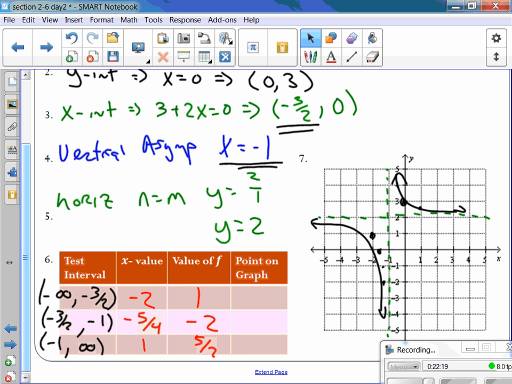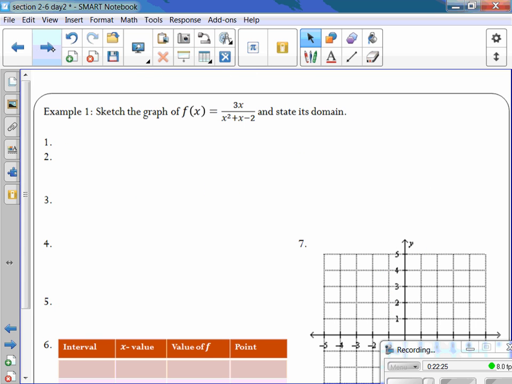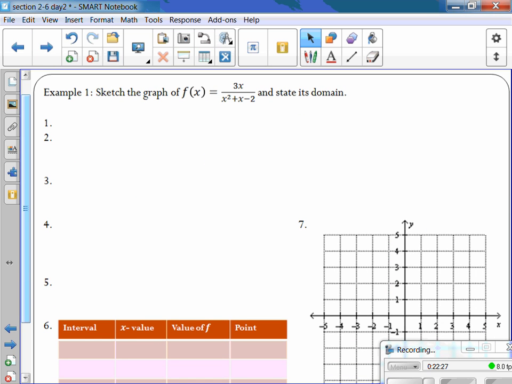So here we want to sketch a graph of 3x over x squared plus x minus 2. Michael, anything to simplify here? In this case, we don't particularly need to, but if we want to go ahead and factor that denominator, you can plainly see there is nothing to cancel out.